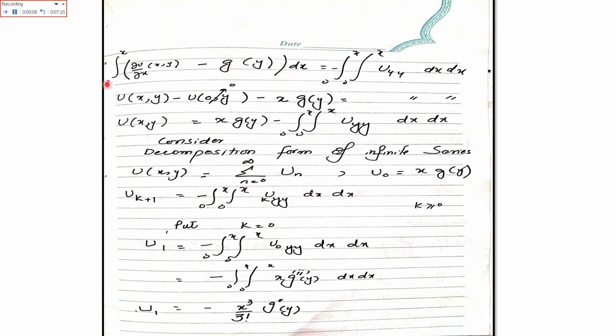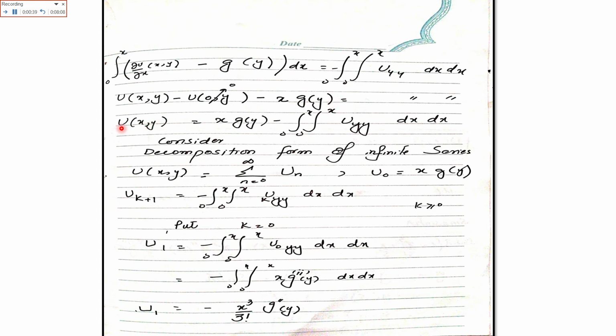Now again we take the integral on both sides, so the integral with this derivative becomes simply the function u. The derivative is cancelled out with the integral, so u(x,y) minus u(0,y) minus g(y) times the integral of 1, which is x, and this function as it is.